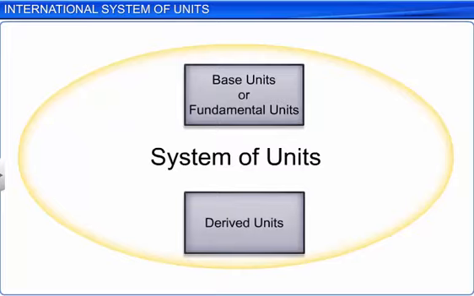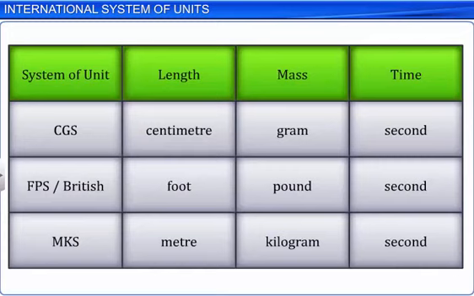Until recently, 3 major systems of units were in use in different countries based on the units of 3 fundamental quantities, namely length, mass, and time. Among these were the CGS system, which stands for centimeter, gram, second, and FPS, which stands for foot, pound, second, respectively.